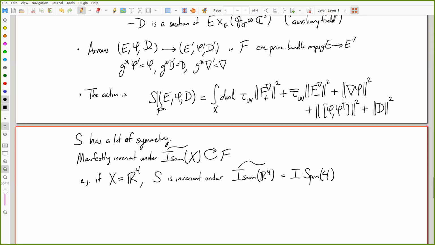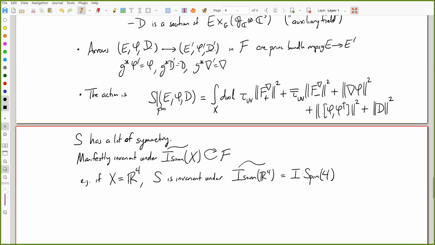In the same way that people write ISO for the special orthogonal group plus translations, I'll write I spin for the spin group extended by translations. That's the manifest symmetry, which you would have in the usual four-dimensional field theory when formulated in R4.